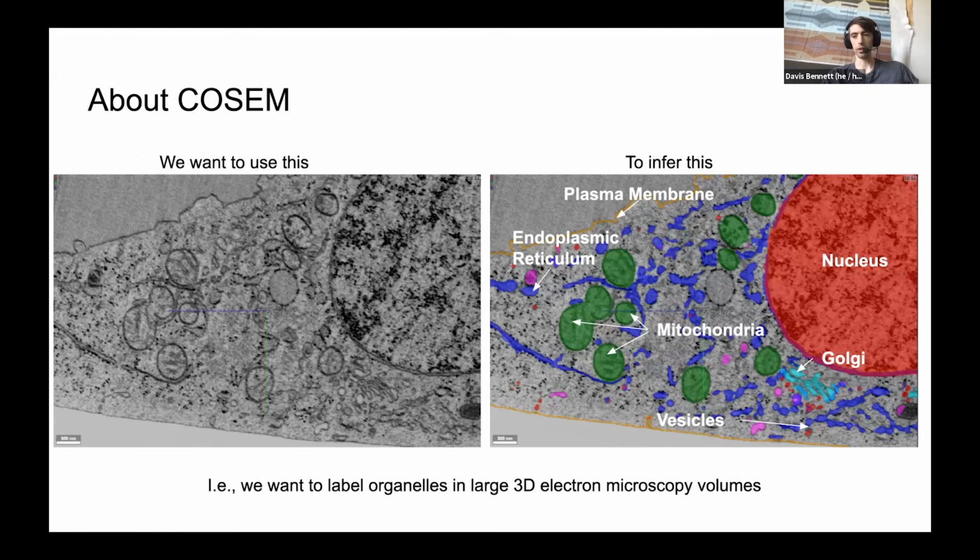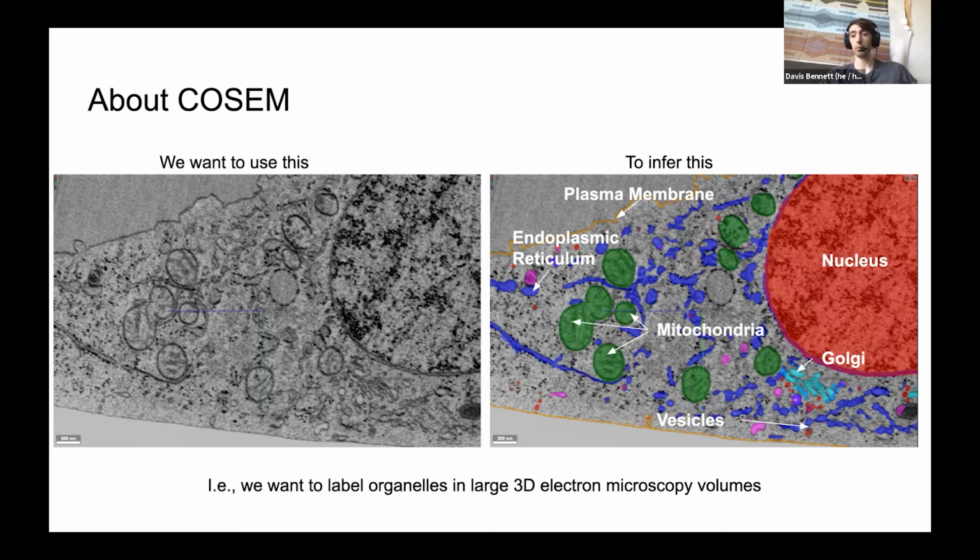And you see lots of structure there. And on the right, we have the same cell, but with semantic labels applied on top of the structure that we recognize. So we're specifically trying to identify structures like the plasma membrane, the endoplasmic reticulum, the mitochondria, vesicles, the nucleus, all of these substructures within the cell that are of great interest to biologists and are hard to infer just from the grayscale imagery.